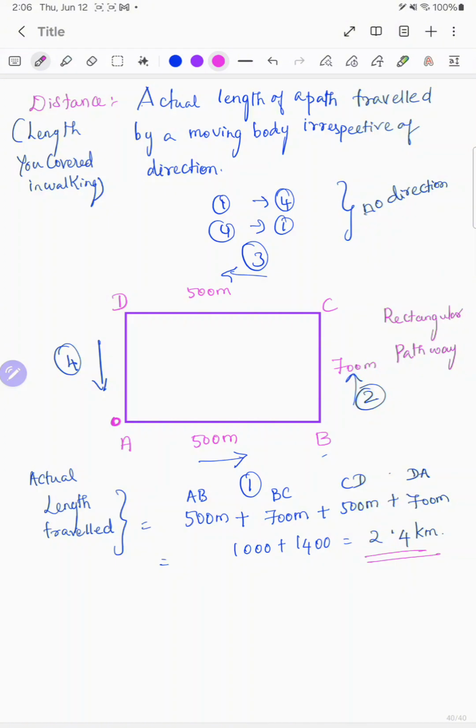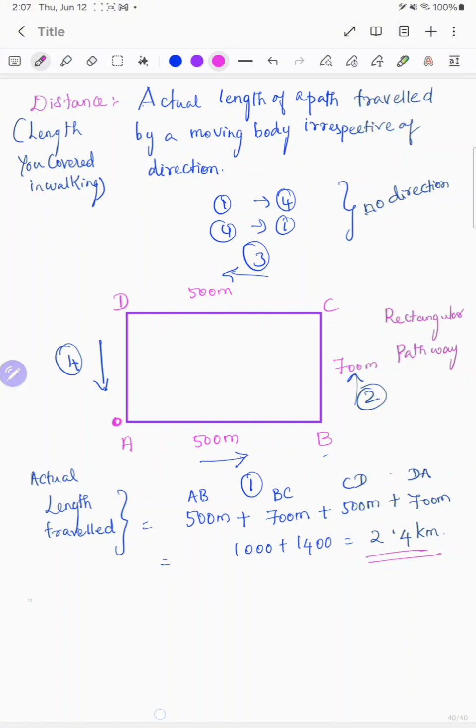In the same example, for the displacement, you want to travel the same rectangular path starting from the position A. You are traveling from the same path AB, then BC. I will mark with this pen so that it is easy to identify.